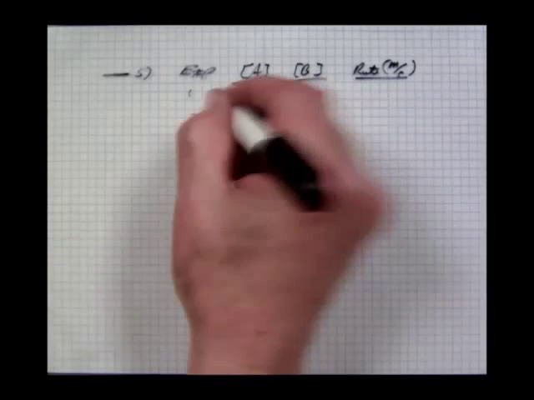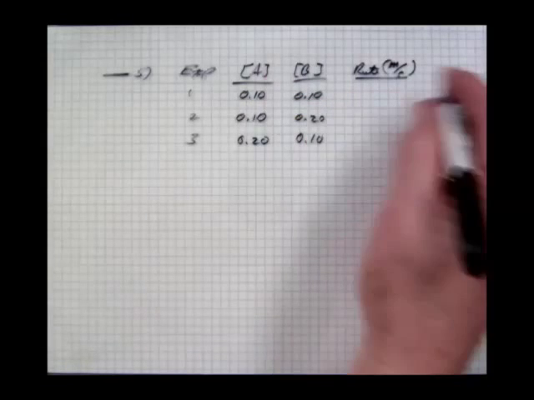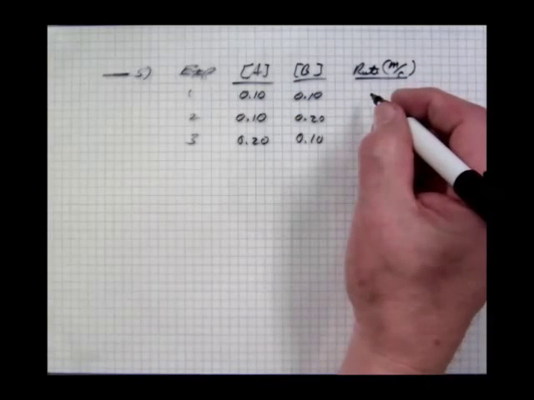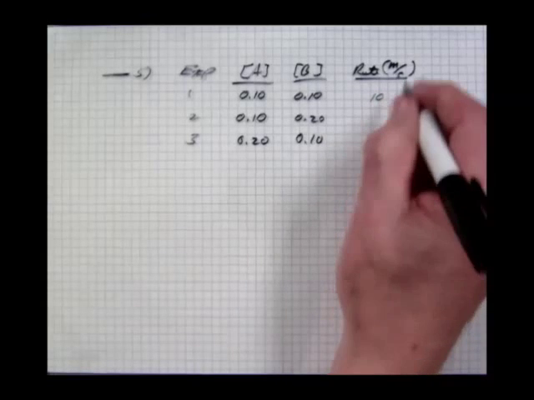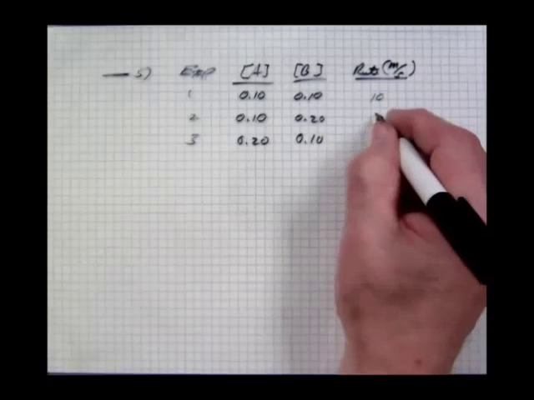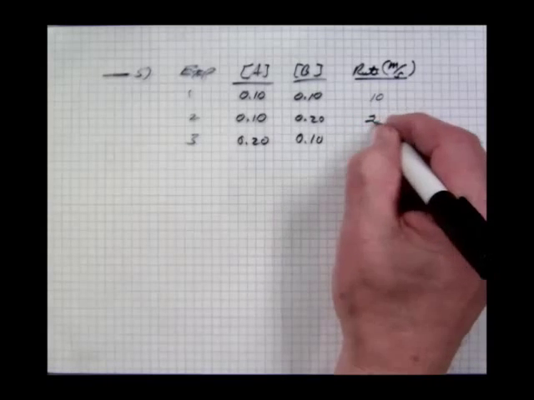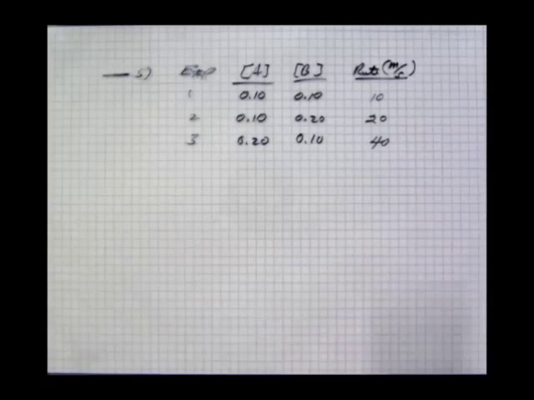Usually one of the first ones in your collection will be a reference rate. This is 10 mole per liter per second. Then I had 20 mole per liter per second and 40 mole per liter per second. I try to keep it reasonably straightforward for everybody.